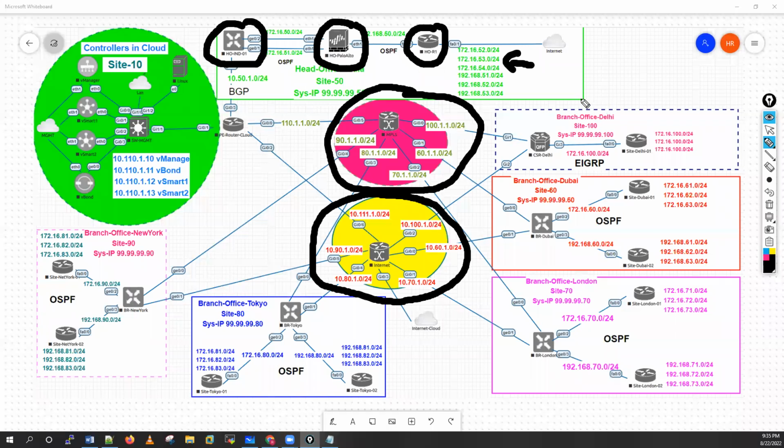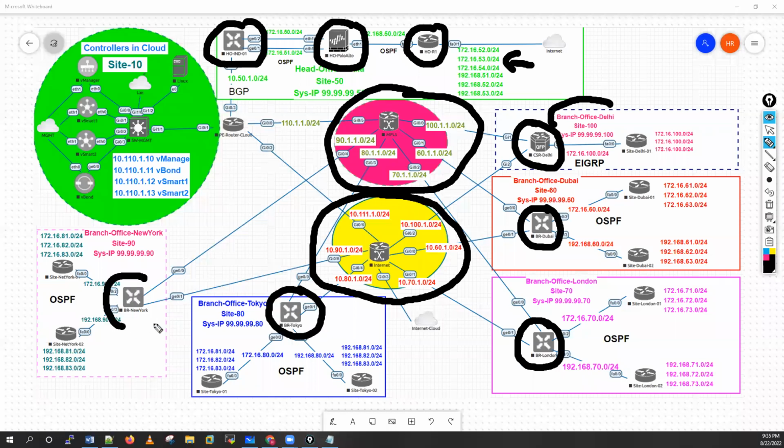This is one of my branches, which is Delhi, and here I am using CSR basically. This is my Dubai office. I have another branch which is London, another branch which is Tokyo, and one more branch which is New York, right?